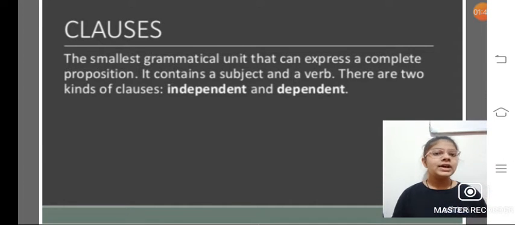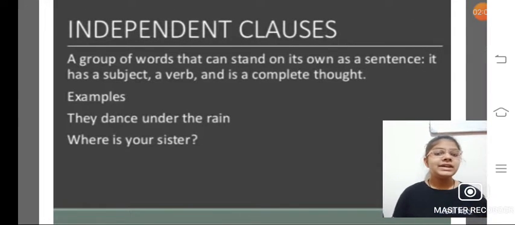Now there are two kinds of clauses. First is independent and second is dependent. Right after the meaning, we could understand what independent clauses and dependent clauses are. Independent clauses are a group of words that can stand on their own as a sentence, because it has a subject, it has a verb, and it is a complete thought.